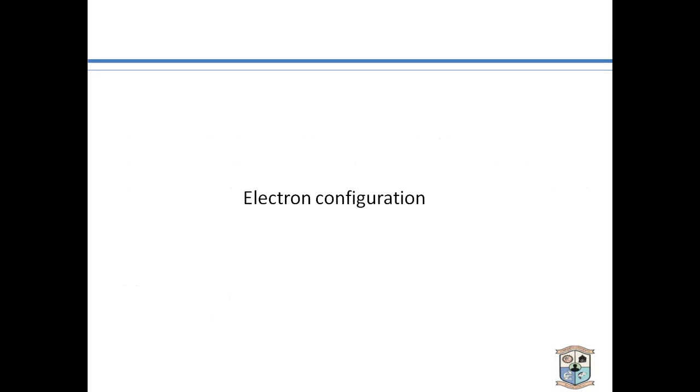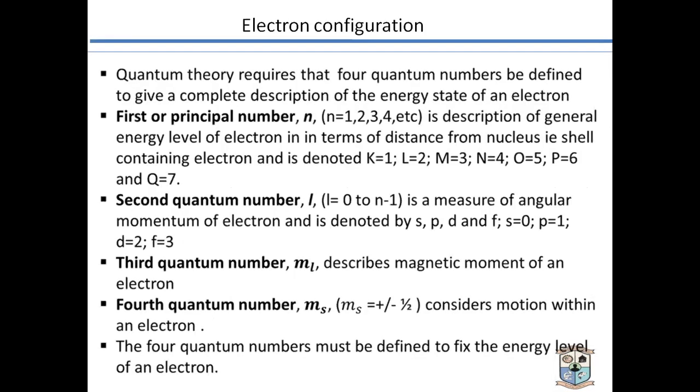We come to electron configuration. Quantum theory requires that 4 quantum numbers be defined to give a complete description of the energy state of an electron. So we have what is known as the first or principal quantum number, symbolized as n. So n can be 1, 2, 3, or 4.